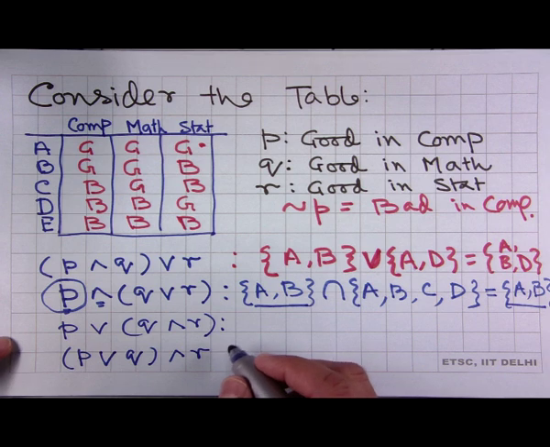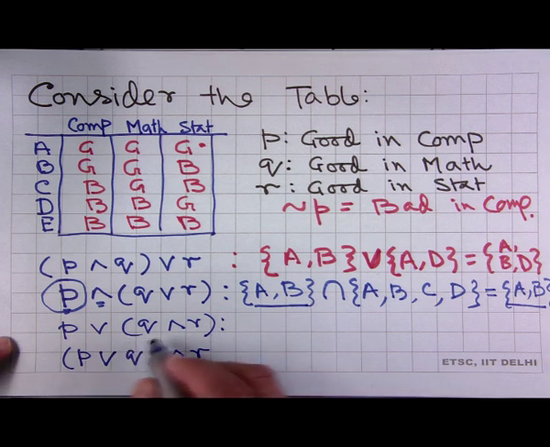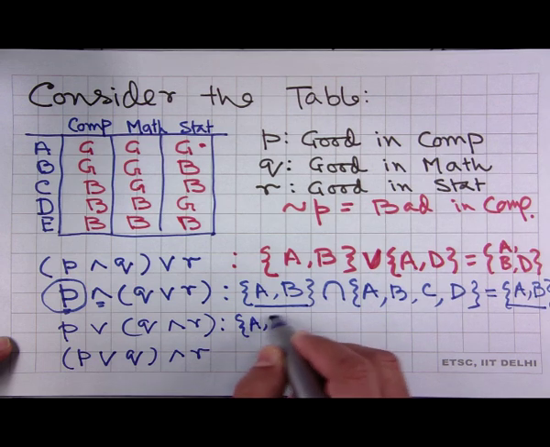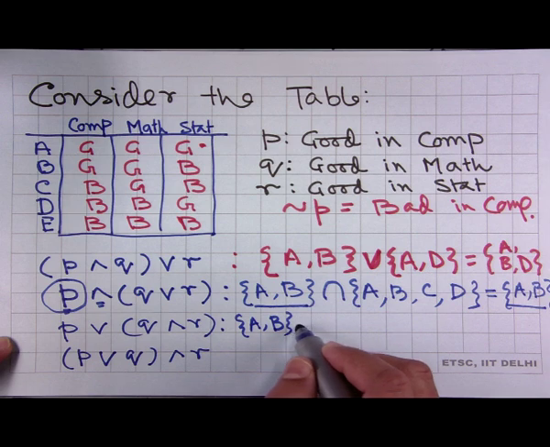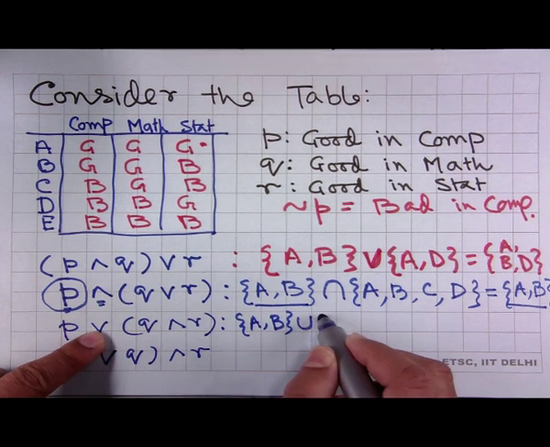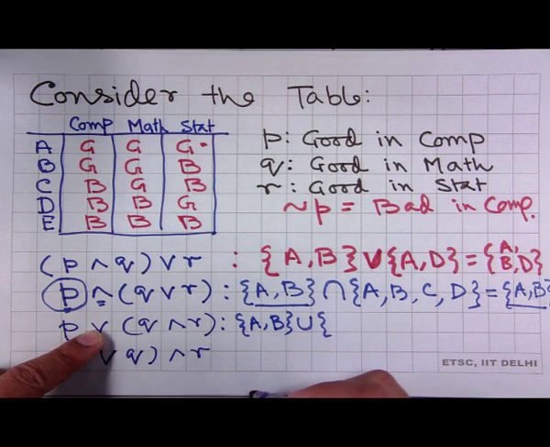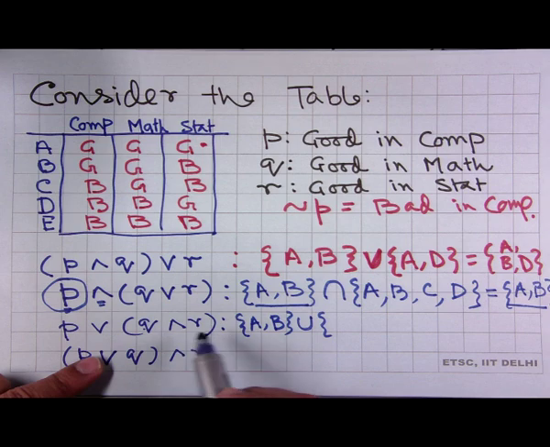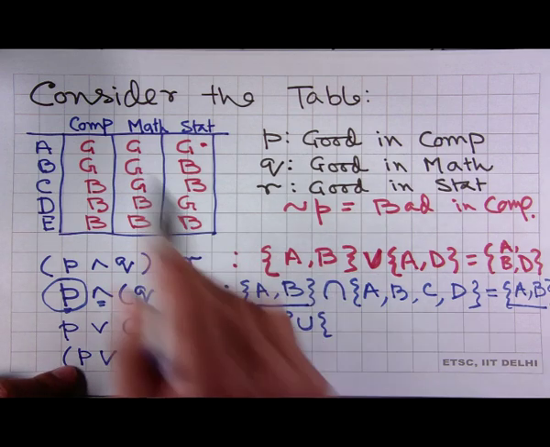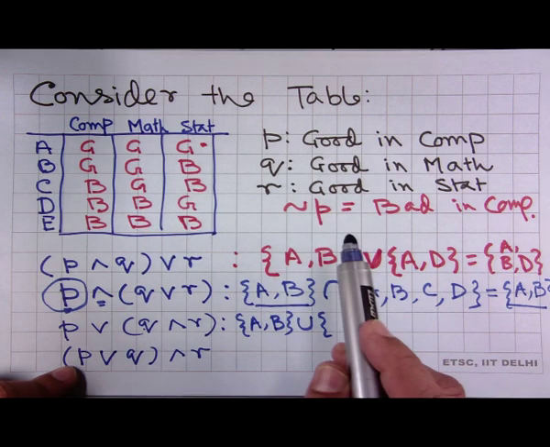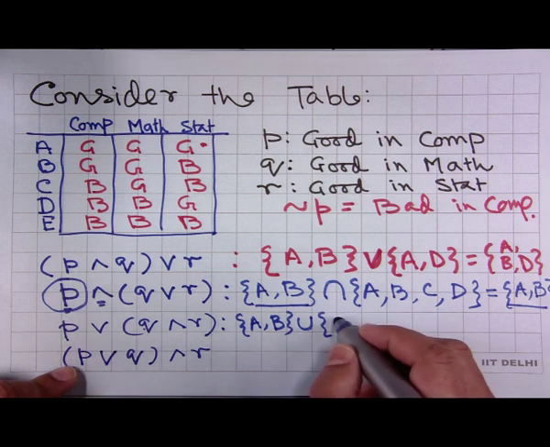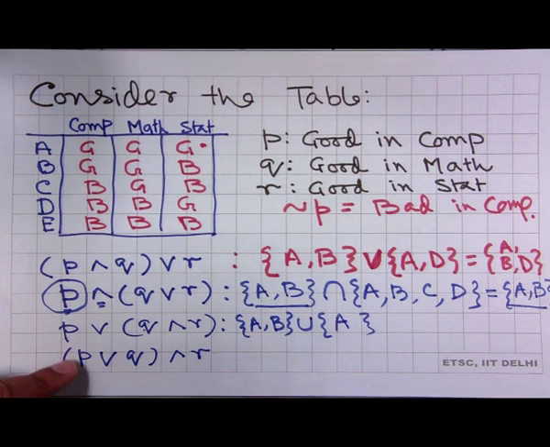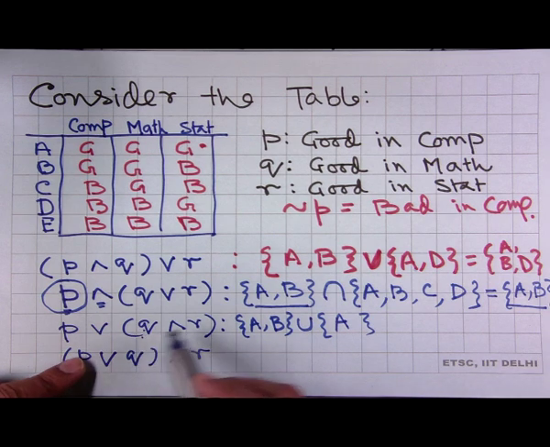P or (Q and R). So, P again the truth value is A, comma B, and because it is OR, we will have to take a union with Q and R. That means, all those who are good in both math and stat. So, which are the students who are good in both math and stat? Only A. Only A is good in both math and stat.